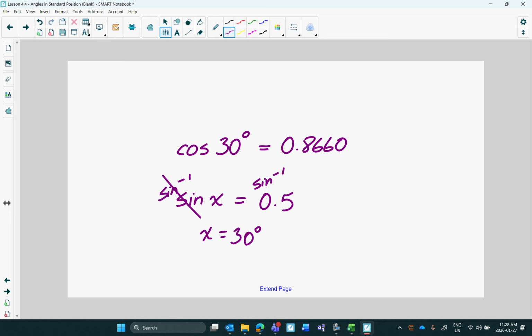And if you did 210, you should get negative 0.5. And if you do the sine of 330, you should also get negative 0.5. I want you to do square root of 3 divided by 2.